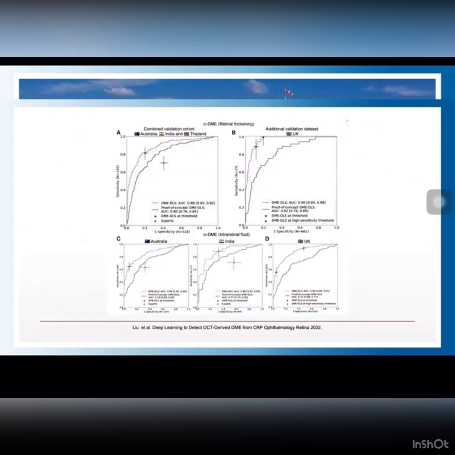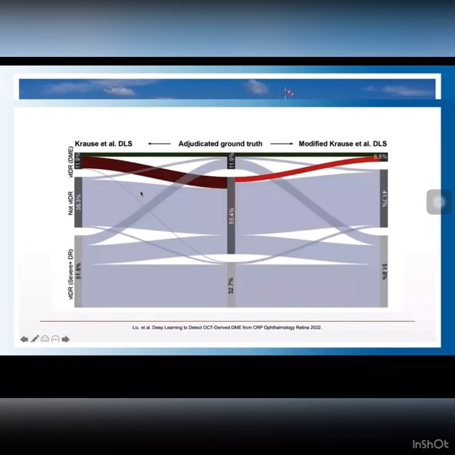As you can see, the ROC curves of the new model were higher than the ROC curves of the conventional model in each dataset from each country, and also higher in the combined dataset in figure A on the upper left hand. For this picture, the gray column on your left indicates the prevalence of diabetic retinopathy and diabetic macular edema detected by the conventional color retinal photo model.